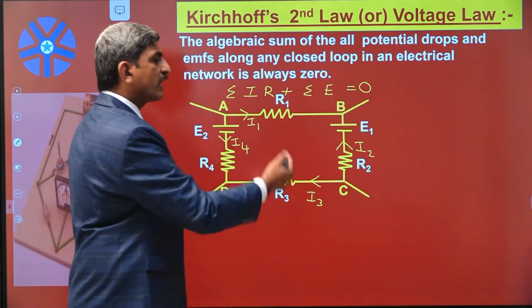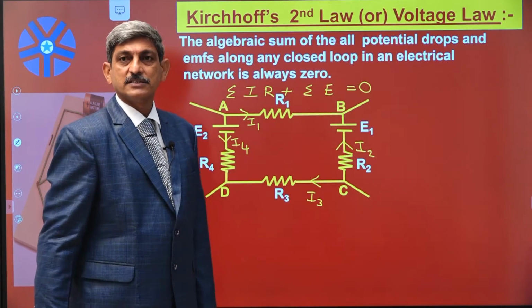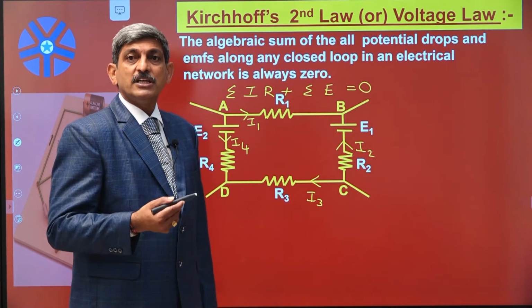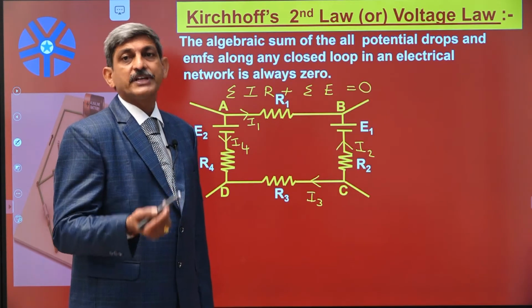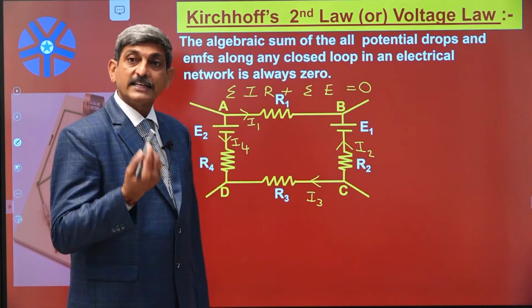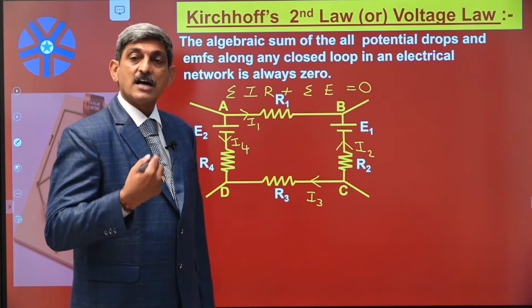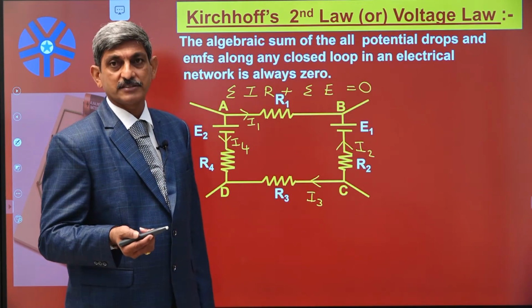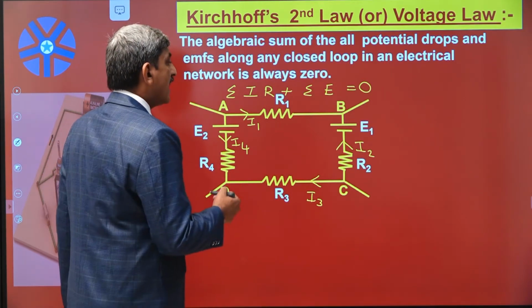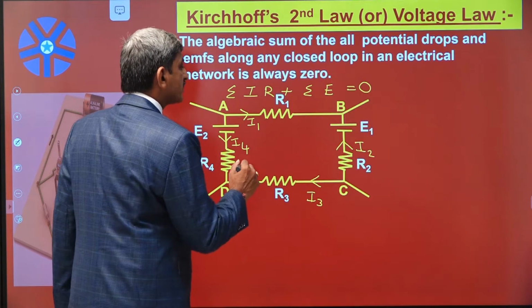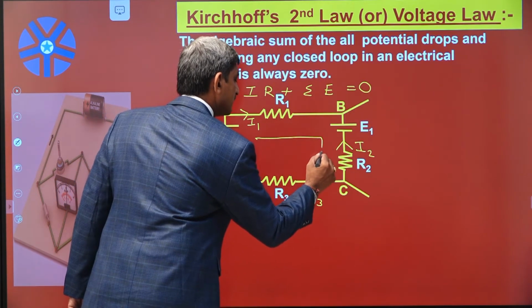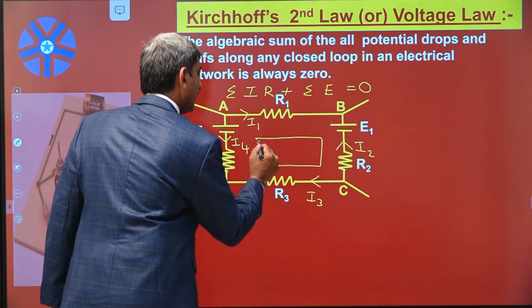So I assume 4 currents in the 4 branches. After that, let us assume the closed path in a specific direction. You may take the direction of the loop either clockwise or anticlockwise. It is also our choice. Now here, I am assuming the loop in the clockwise direction along the path A, B, C, D, A like this.